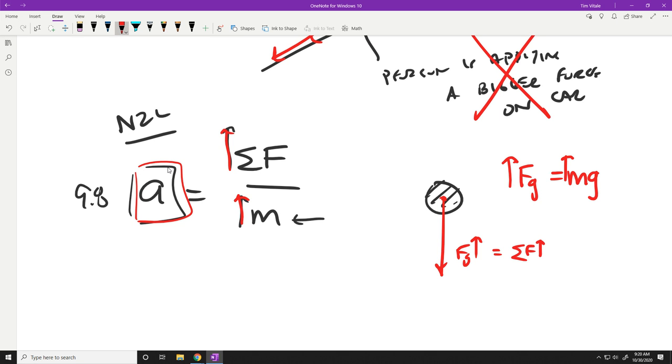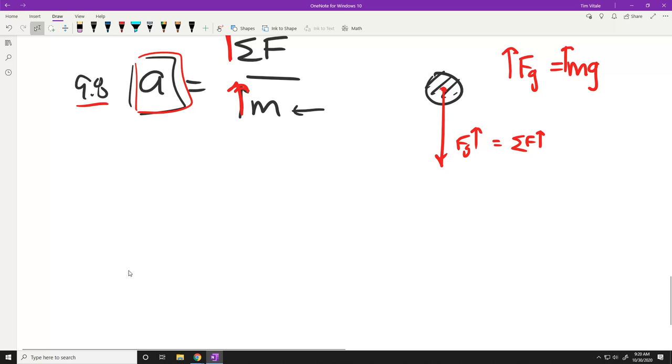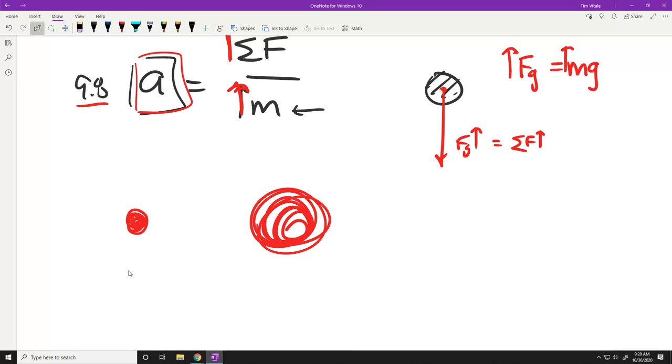That's how all things accelerate at 9.8, because even though they're more massive, the Earth is pulling on them with a bigger force. So a picture would be like, here's a little ball and here's a big ball, right? This has a big mass and this has a little mass. And so this one has a little force of gravity, but this one has a big force of gravity.